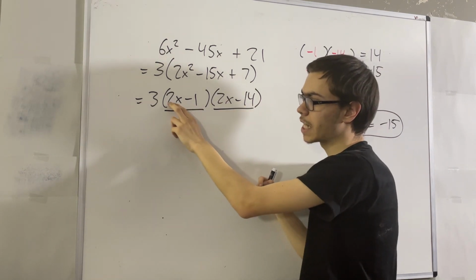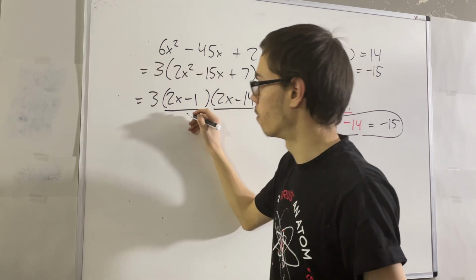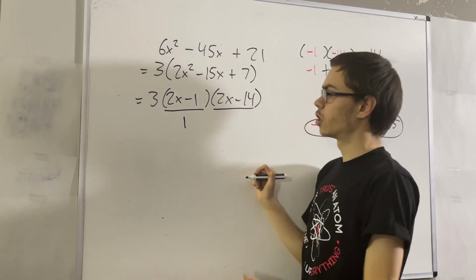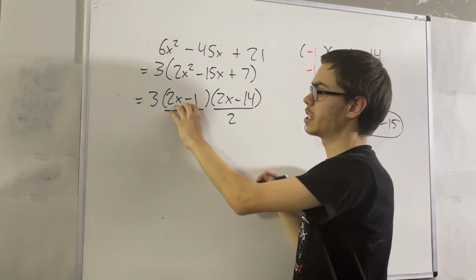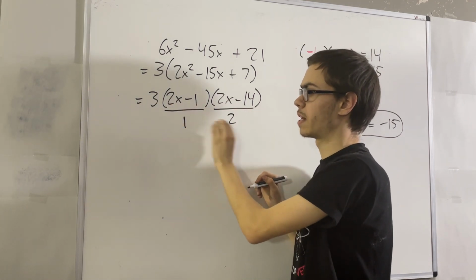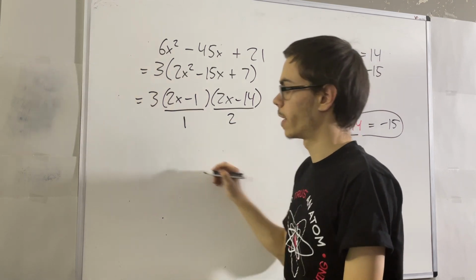Well, the greatest common factor of 2 and 1 is 1. The greatest common factor of 2 and 14 is 2. So you just have to divide each of these parentheses by those corresponding numbers, right?